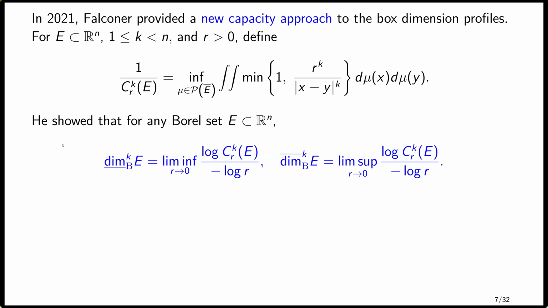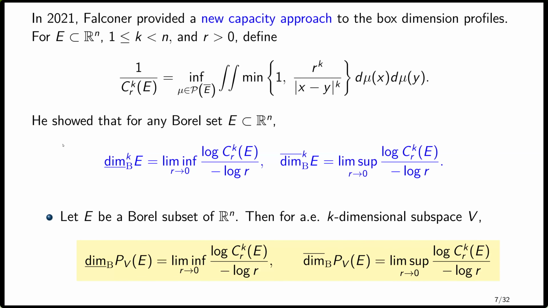Based on this, if E is a subset of R^n, then for almost every k-dimensional subspace, the lower box dimension of the projection P_V E is equal to the right-hand side.